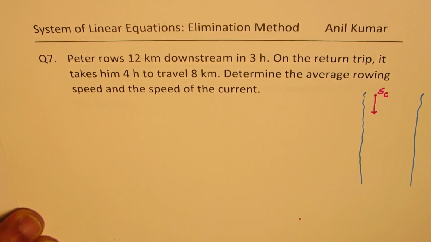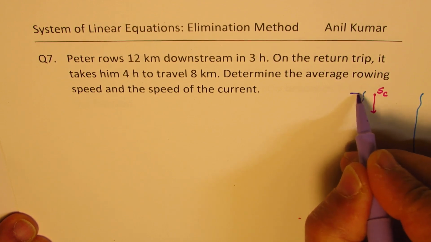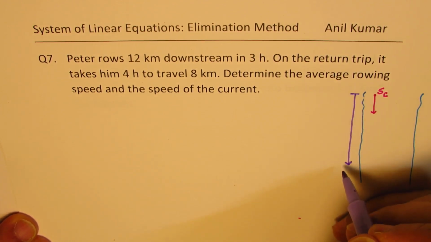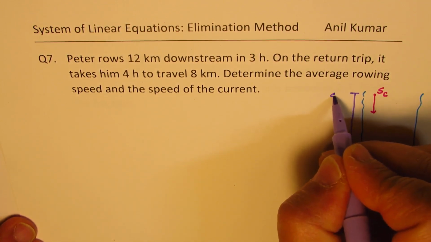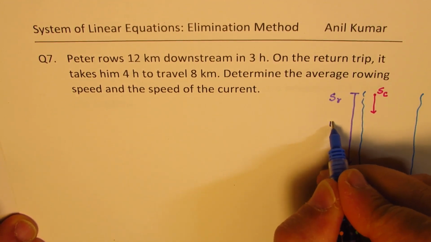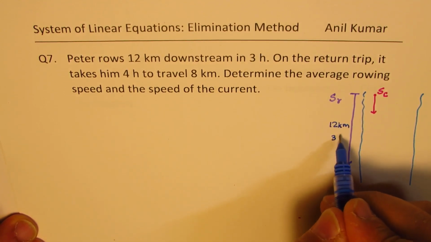Now we have two scenarios. One of the scenarios is going down 12 kilometers, right? So during this time, let's say the rowing speed is constant, we say rowing speed is SR. Now, this is a distance of 12 kilometers, and time is 3 hours.